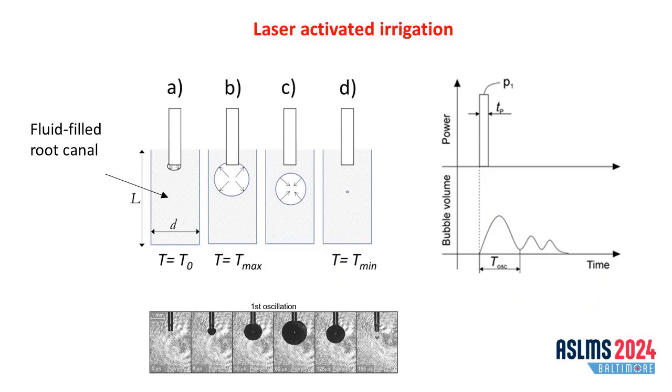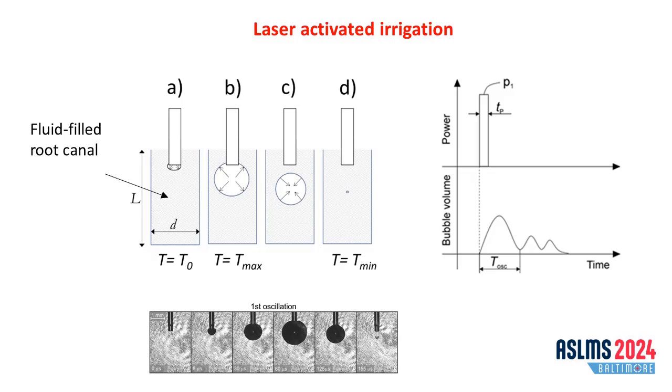In this laser-activated irrigation, laser is delivered, typically through a fiber, to a fluid-filled root canal. Laser is absorbed in the root canal. A bubble develops, and this bubble grows, and at a certain point reaches the maximum size. Then it starts collapsing.